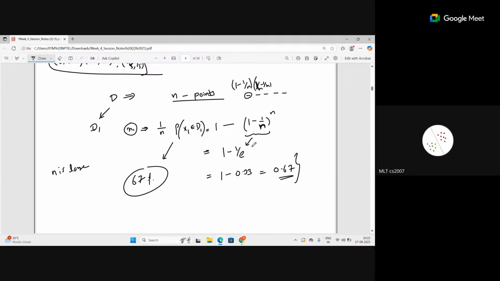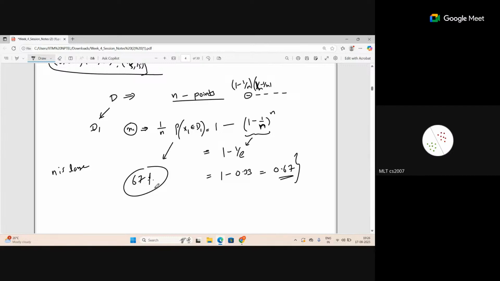One thing was clear: if it appears again and again, the variance will be higher. If it is repeating so much, the variance will be higher. But what we are seeing through the probability is that it is not the case. There is a 67% chance that it will appear once, and a 30% chance that it will reappear again.